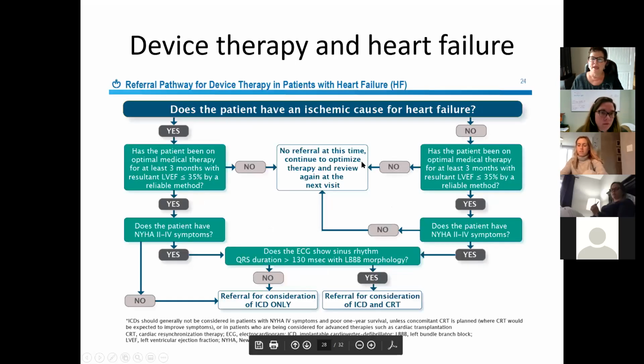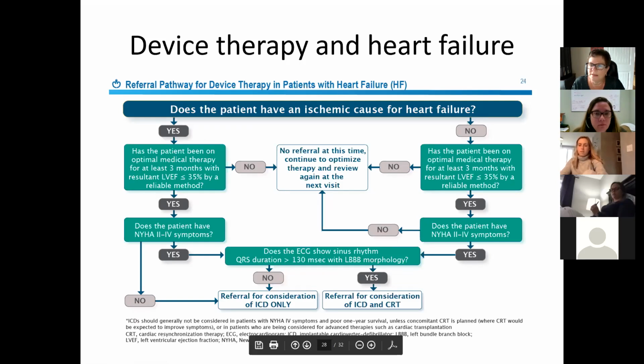So people always say, well, how do they decide who gets what? There's very clear Canadian Cardiovascular Society guidelines on how we manage patients who have heart failure. And oftentimes one of the first questions they ask is, is there an ischemic cause for this heart failure?